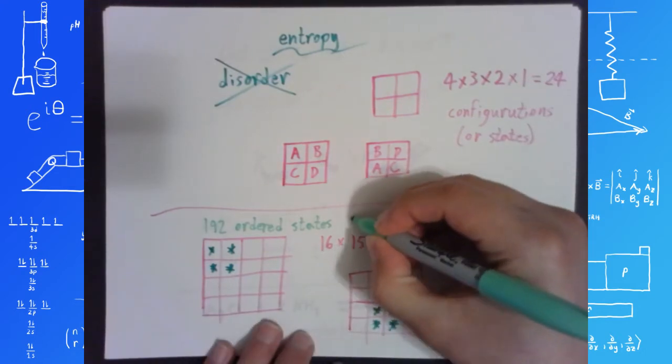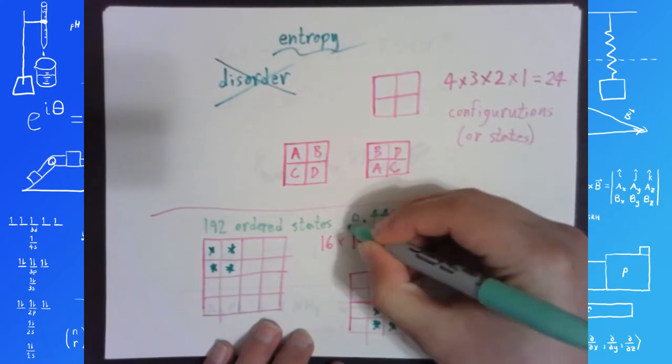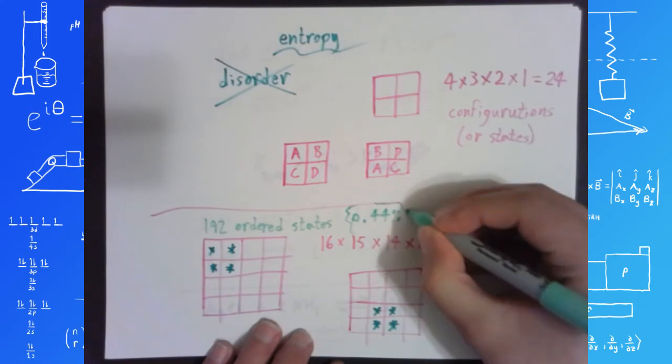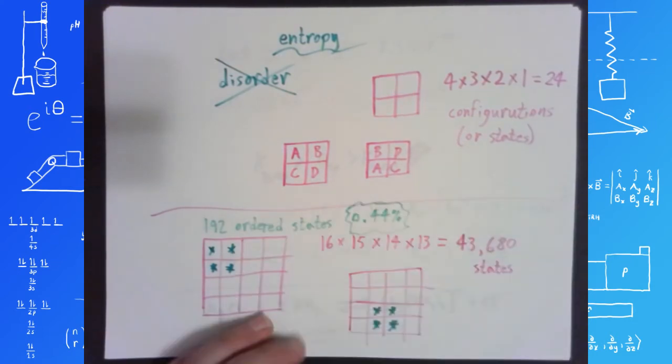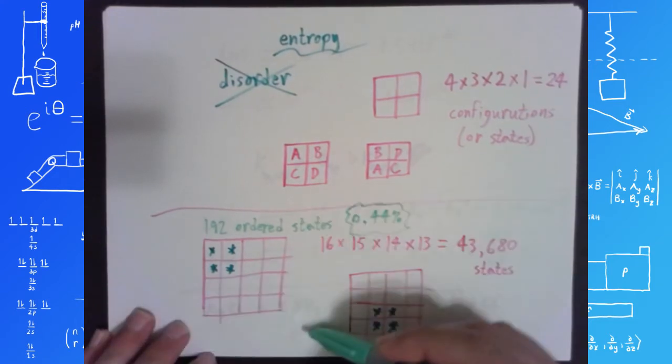There's only a 0.44% chance of reaching one of these quote-unquote ordered states. So more than 99% of the time, you're going to be in a quote-unquote disordered state just because of the larger space.